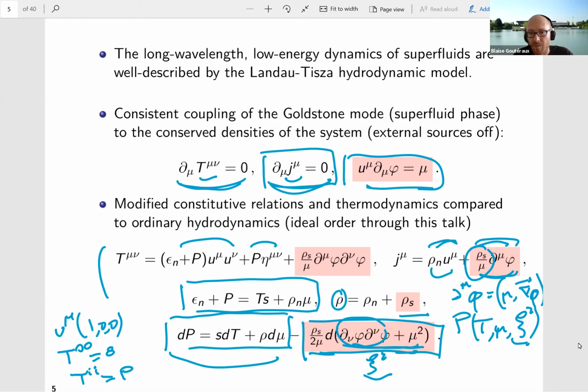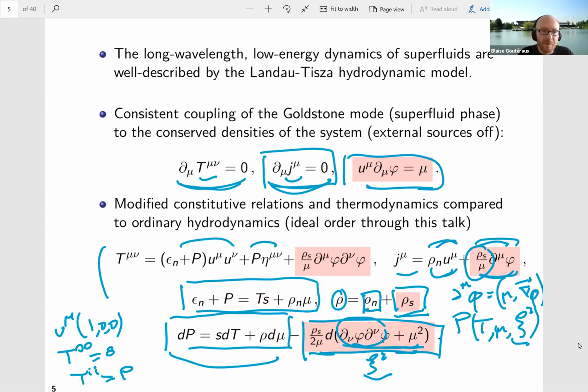It's just that now we can split the current into these two pieces and give their coefficients different names, the normal charge and the superfluid charge. All right. So our main objective in this talk will be the study of what rho n and rho s are at 0 temperature. We want to know how the superfluid part and the normal part of these systems behave as we go to 0 temperature.